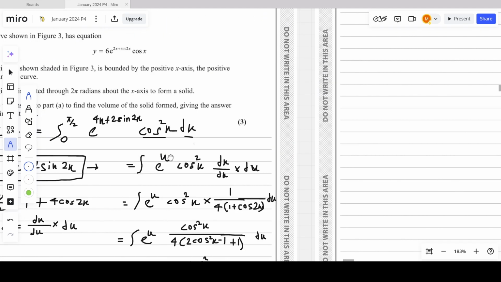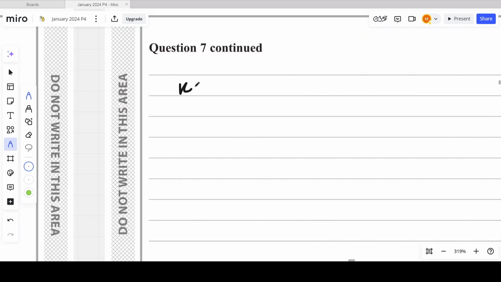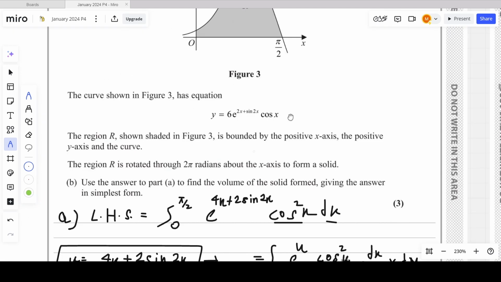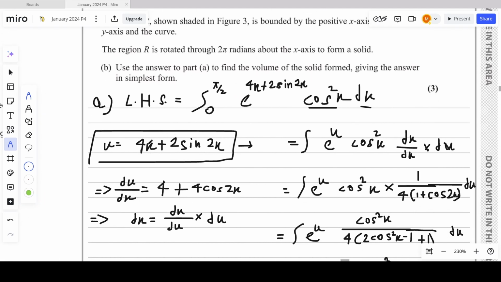The upper limit was pi over 2. So if x equals pi over 2, then what would be the value for u? If x equals pi over 2, then put it there, you will get 4 pi over 2, there is 2 pi, plus 2 sine twice of x.